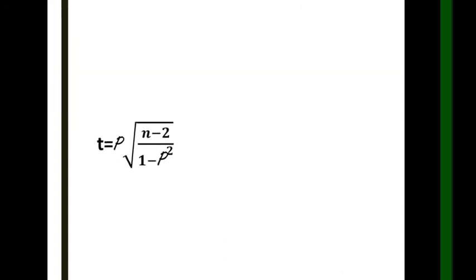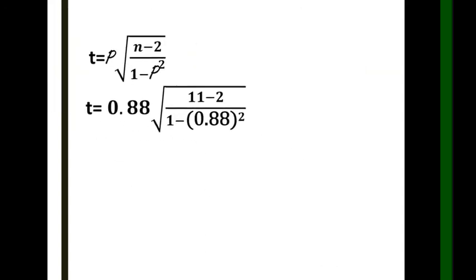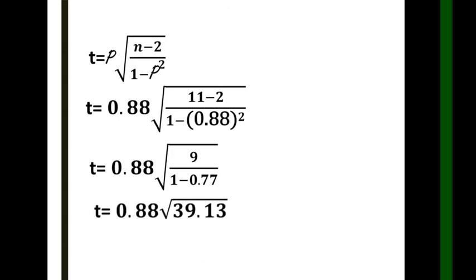Finally, we have the t. For the t, we have the computed rho of 0.88 and 11 for the number of n. 11 minus 2 is 9, and 0.88 squared is 0.77. Just copy the negative. And then, 9 divided by 1 minus 0.77, and you will get 39.13.